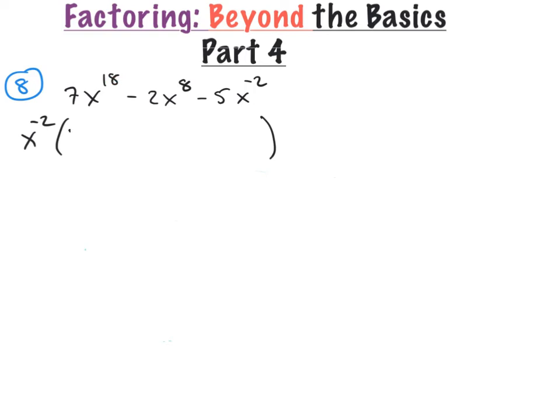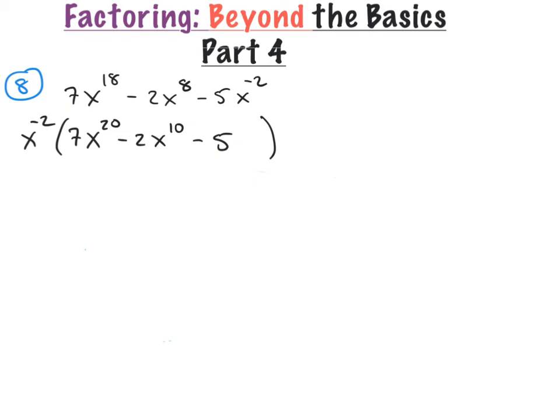So this will be 7x to the 18 minus negative 2, which is 20, minus 2x to the 8 minus negative 2, which is 10, and then minus 5. The x to the negative 2 will cancel, so I'm done.